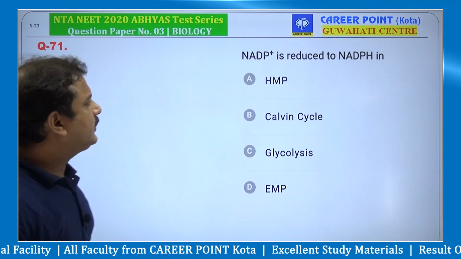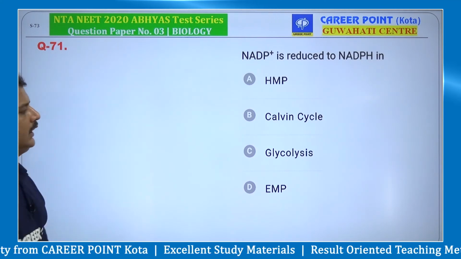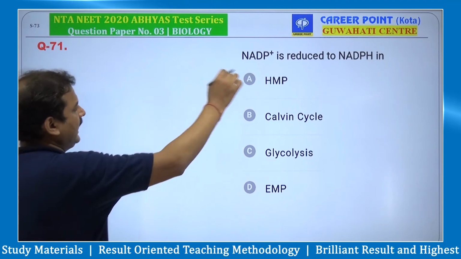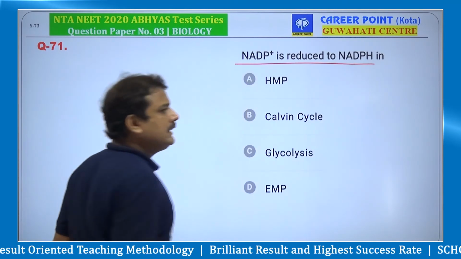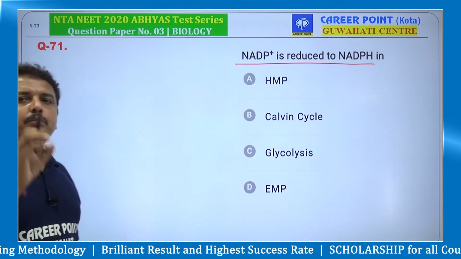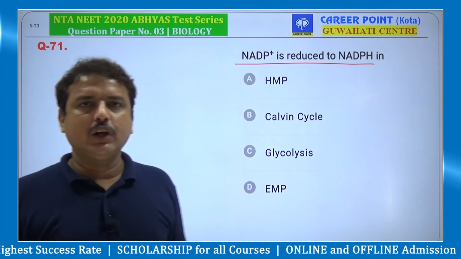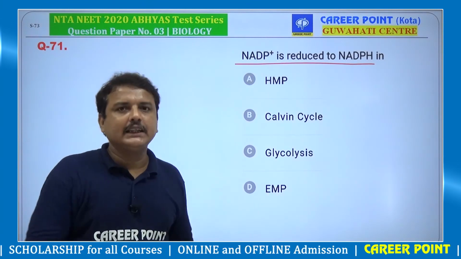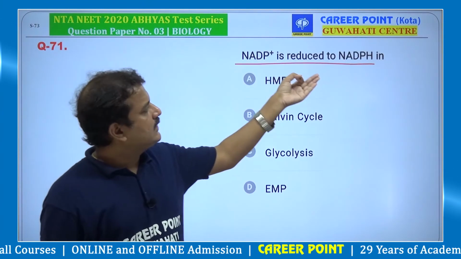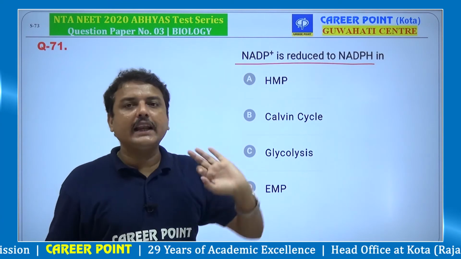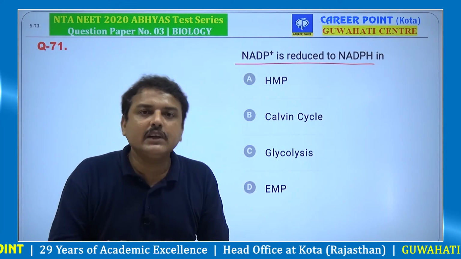NADP plus is reduced to NADPH. As you know, you studied this in photophosphorylation. In the photophosphorylation of the light reaction of photosynthesis, NADP plus is reduced to NADPH, in non-cyclic photophosphorylation.